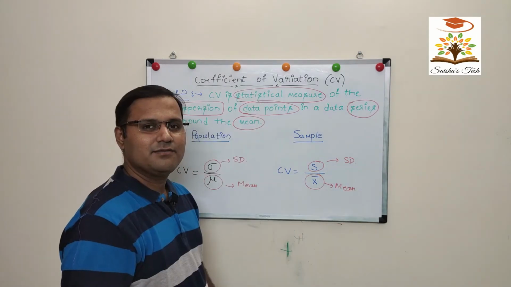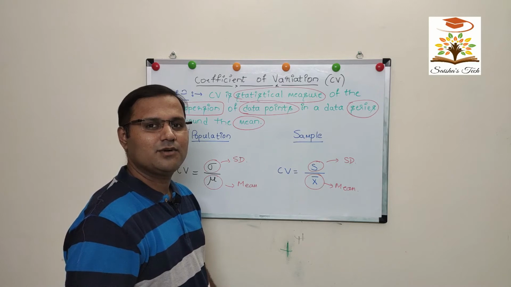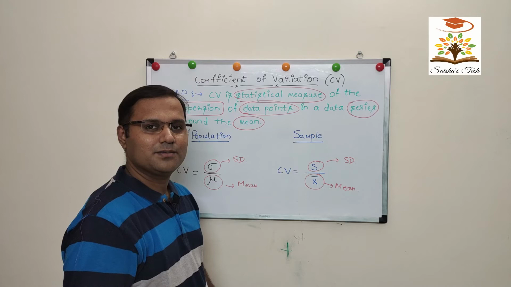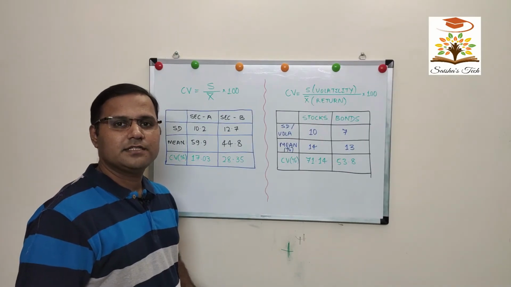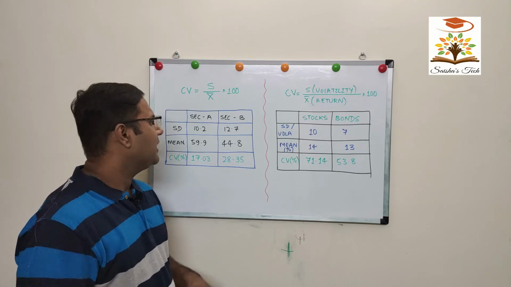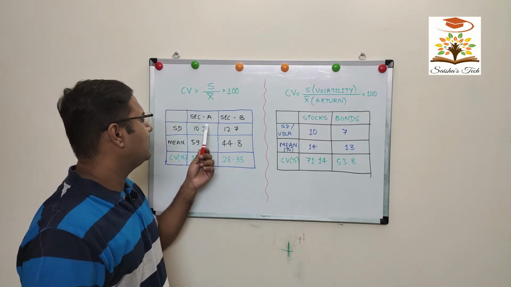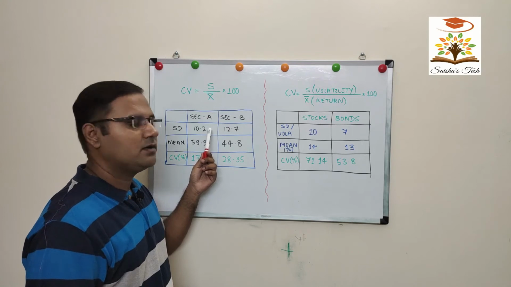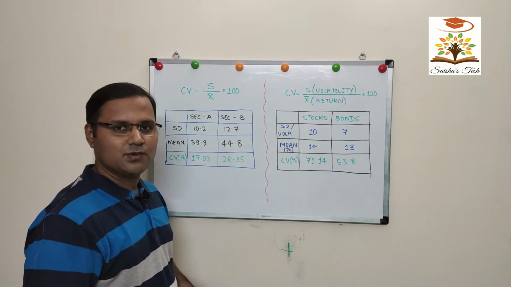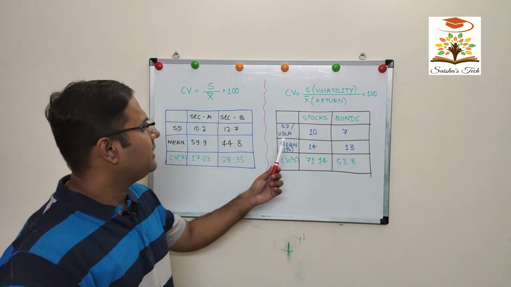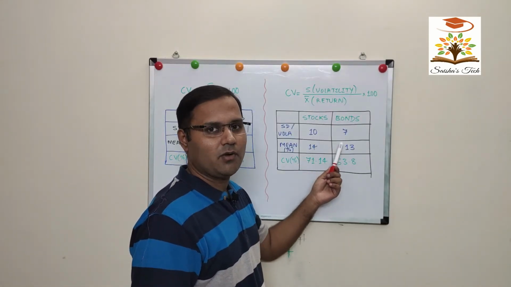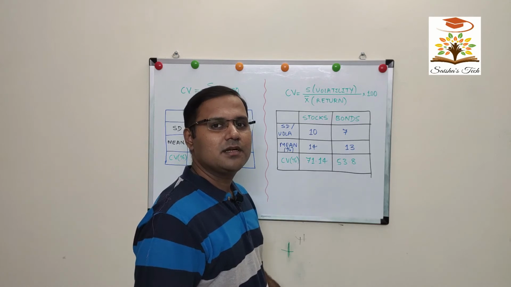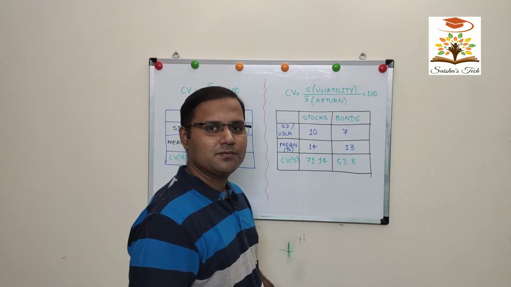Now let us understand a few examples to calculate the coefficient of variation and compare the results between the two. In example 1, we are comparing the multiple choice results of section A and section B students. And in example 2, Amar wants to invest either in stocks or bonds with minimal risk to return ratio.